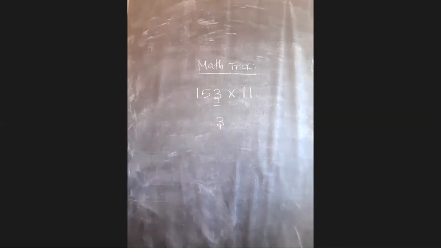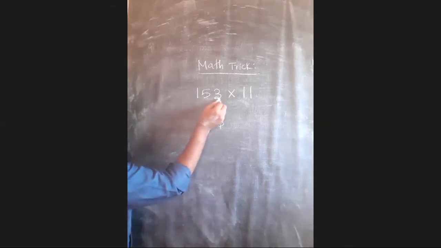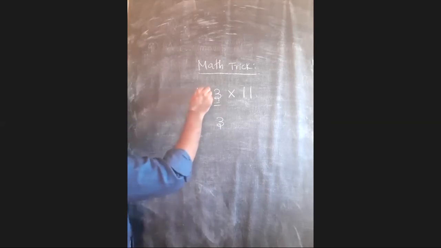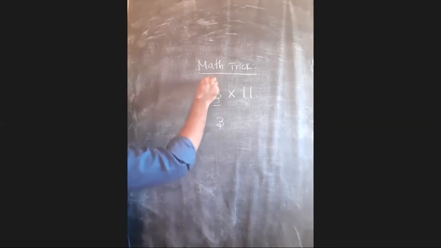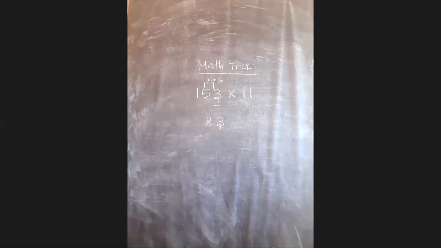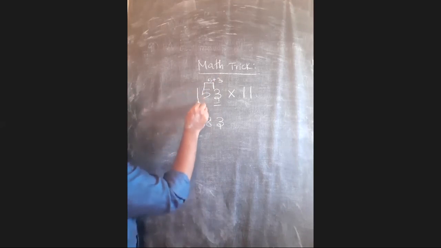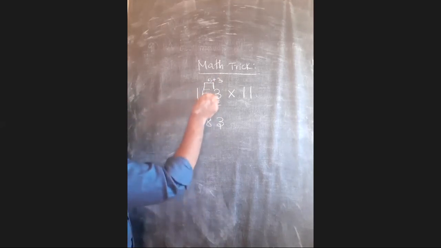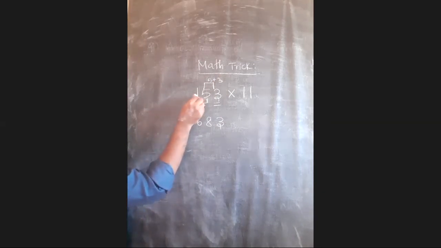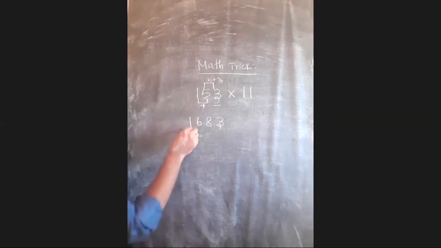Then next, see the number before this last digit, 5. What is 5 plus 3? 8. Write 8 here. What is 1 plus 5? 6. Write 6. Then what is the first digit? 1. So the answer is 1683.